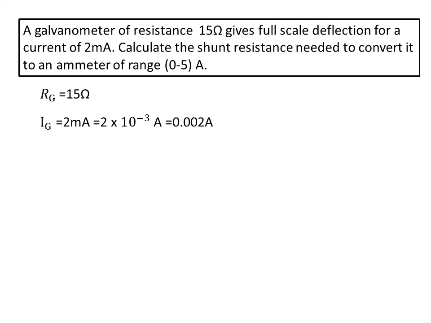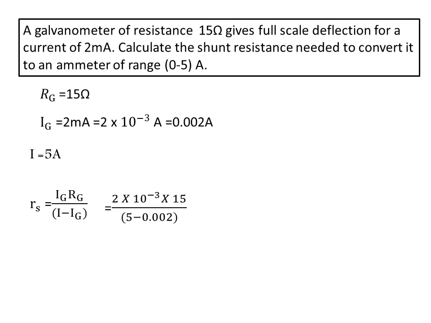Now the range of the ammeter is 0 to 5. So I is 5 ampere. The equation for Rs is Ig into Rg by I minus Ig. Now let us substitute the values. Ig is 2 milliampere or 2 into 10 raised to minus 3. Rg is 15.